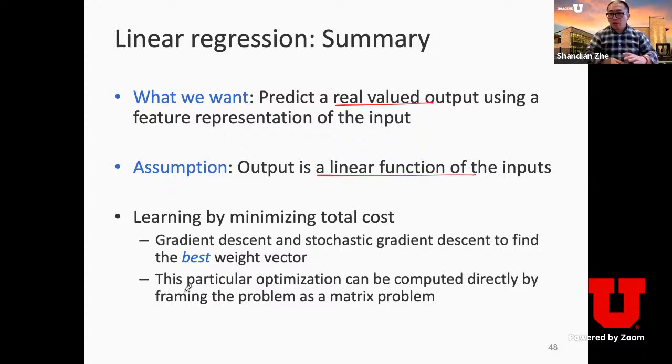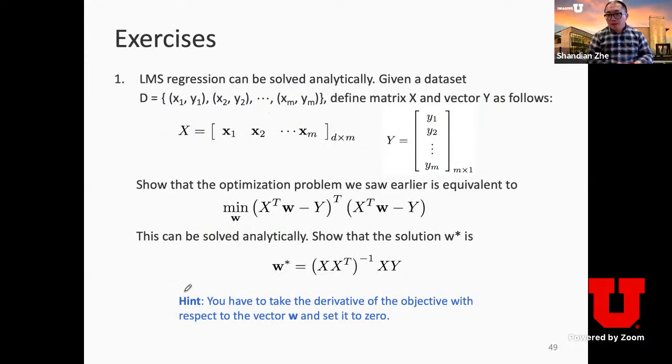And finally, I want to say that although we introduced stochastic gradient descent and gradient descent to optimize the objective function, for this particular least mean square objective we can solve it manually. We can derive the optimum by ourselves. So here I leave it as an exercise for you. Here are some details. You can rewrite the quadratic function in terms of matrix and vector products.